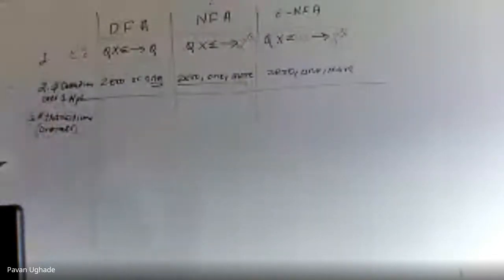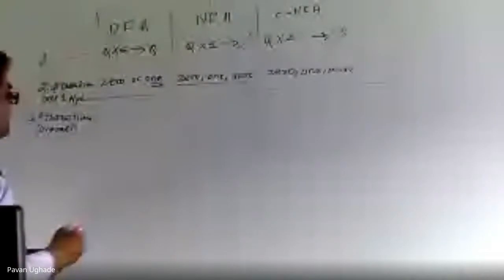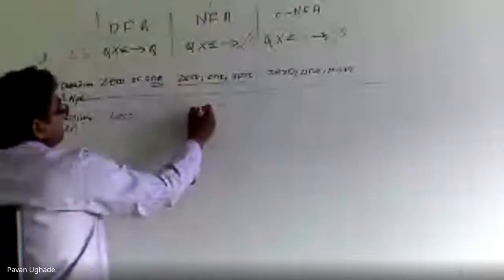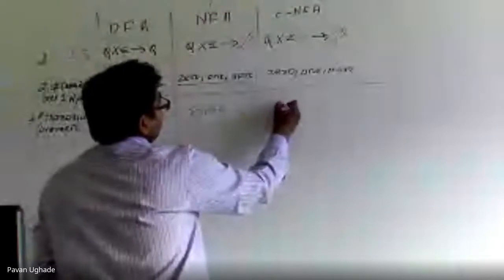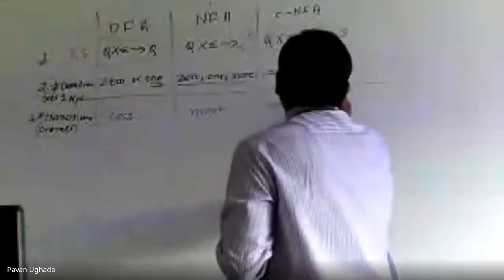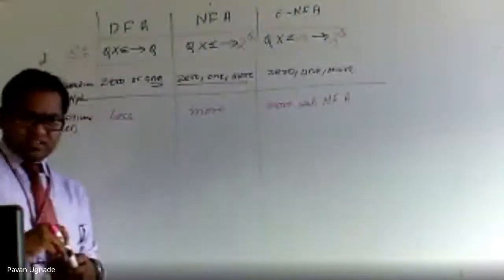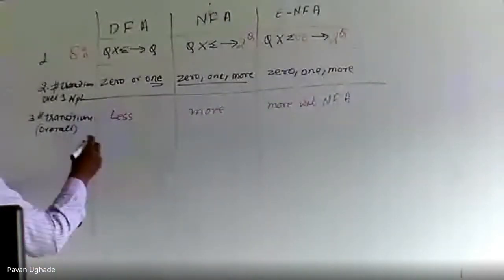DFA will have very few transitions. NFA will have a little more transitions compared to the DFA, and epsilon NFA will have more transitions with respect to NFA. I'll tell you an example about this also.